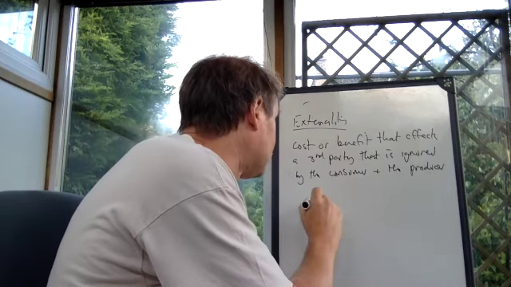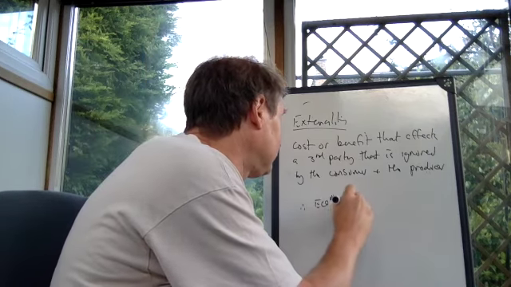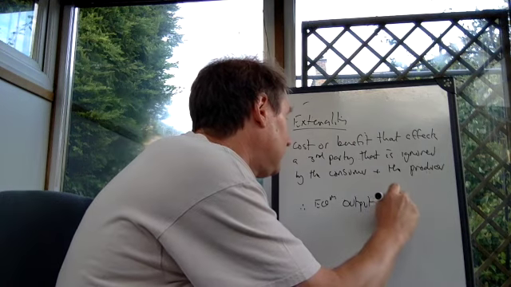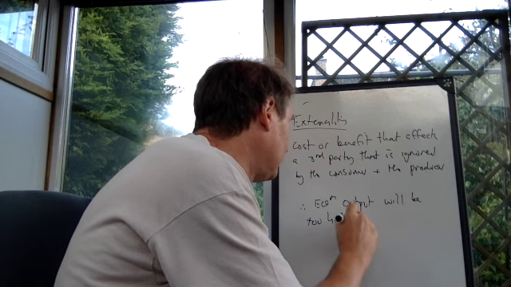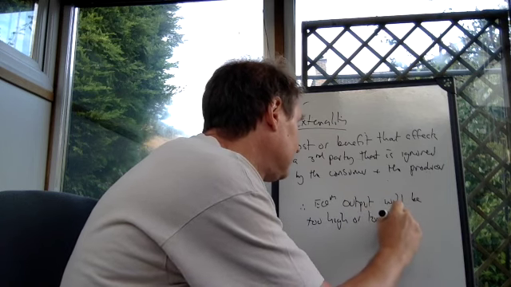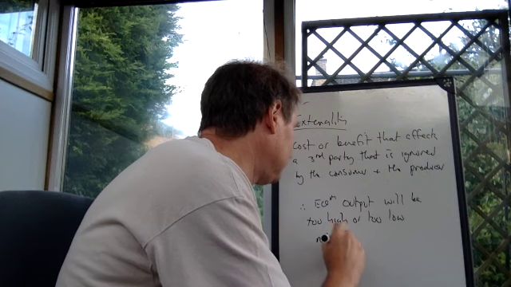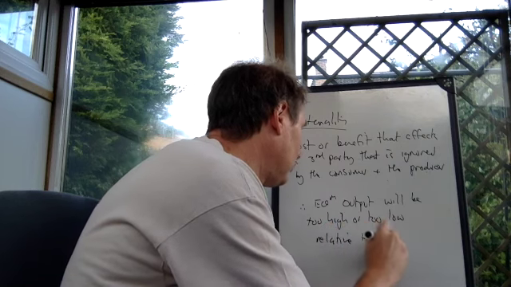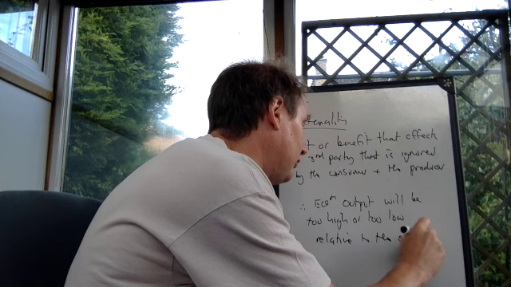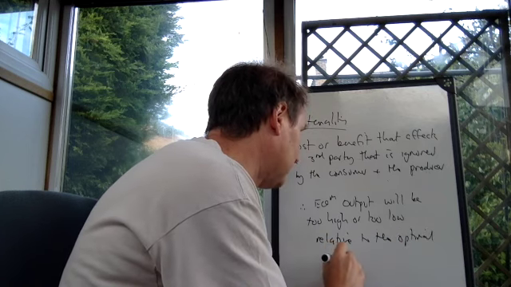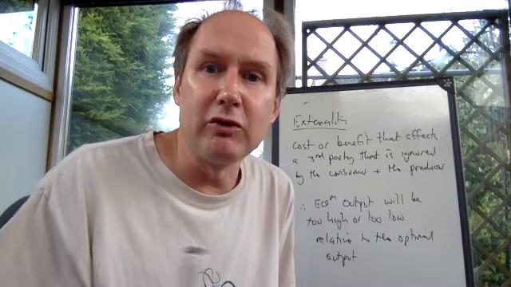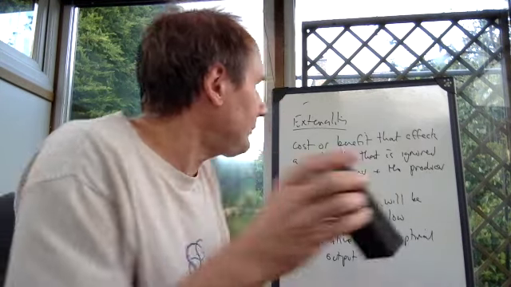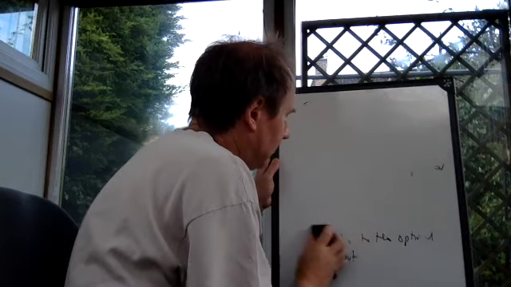So therefore, we can say that the equilibrium output will be too high or too low relative to the optimal output, the best output, the one that maximises welfare. So in other words, there is a misallocation of resources which will result in a welfare loss. So let's have a look at how we might break this down.